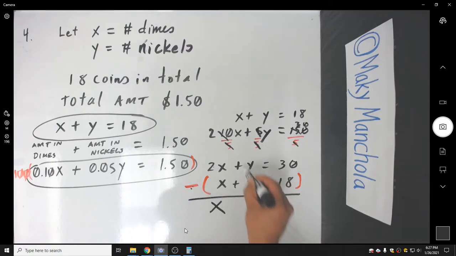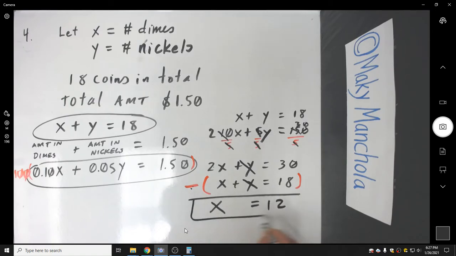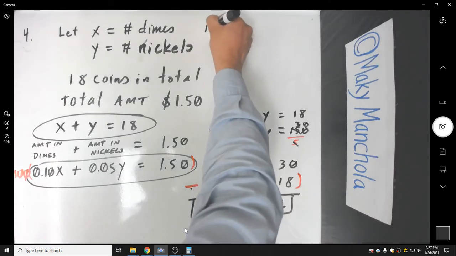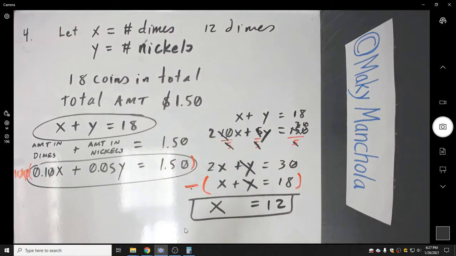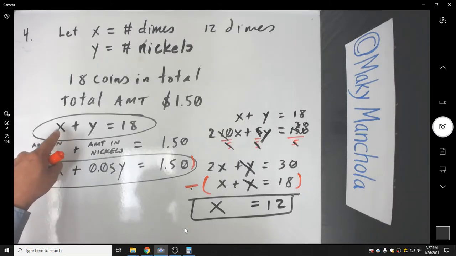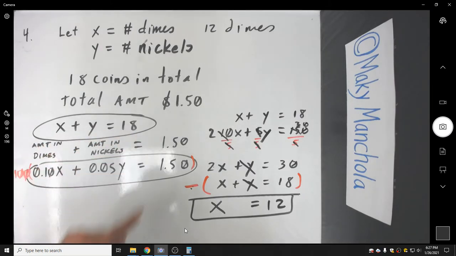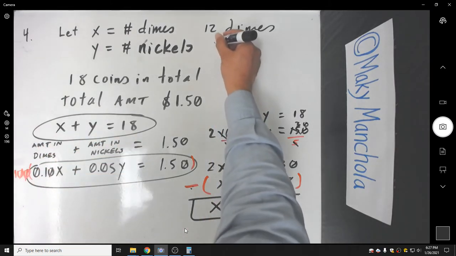Y minus y cancel, equals 30 minus 18, which is 12. Okay, so here is one of our answers. X, the number of dimes, is 12. So there are 12 dimes, and it is clear that there will be 6 nickels, because if x is 12, 12 plus y equals 18, so y must be 6.